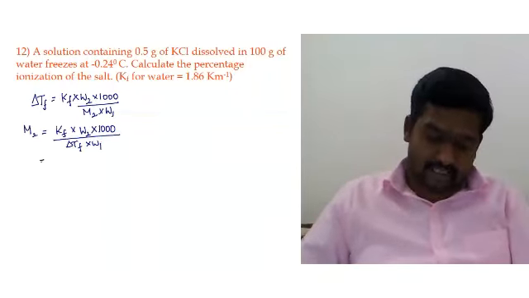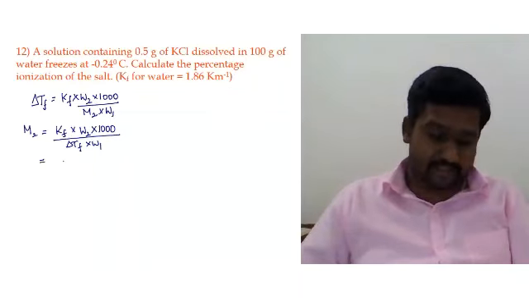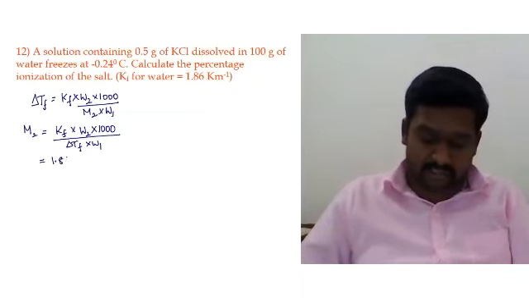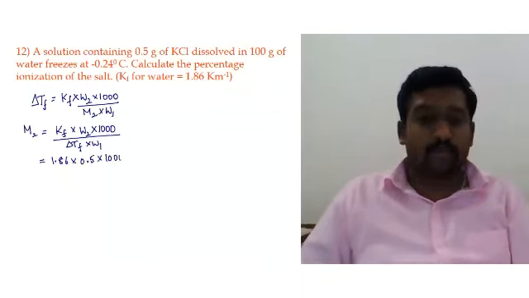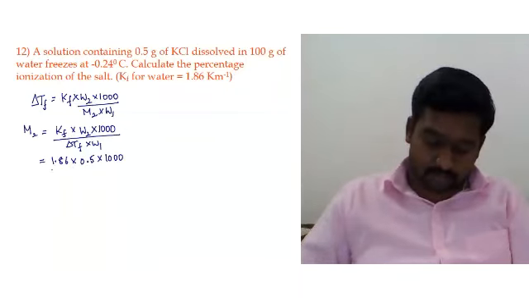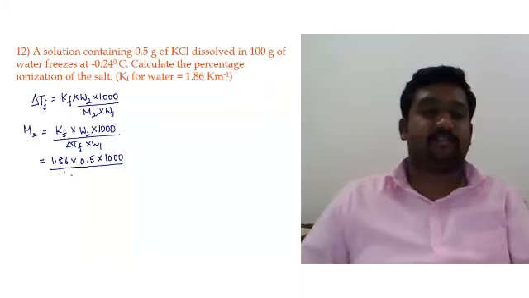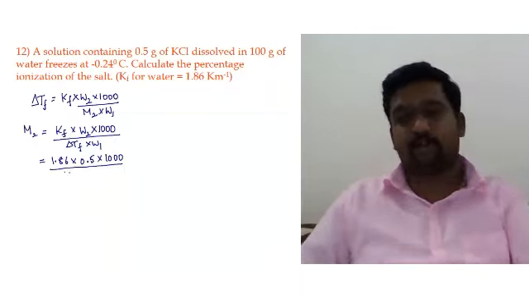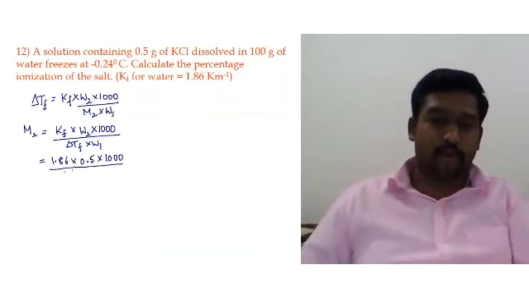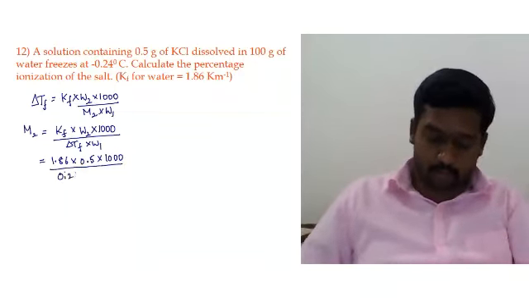Let us substitute all the values. Kf is given, 1.86 into mass of solute 0.5 into 1000 divided by delta Tf, which is the difference. So 0 minus of minus 0.24, the difference is going to be 0.24.